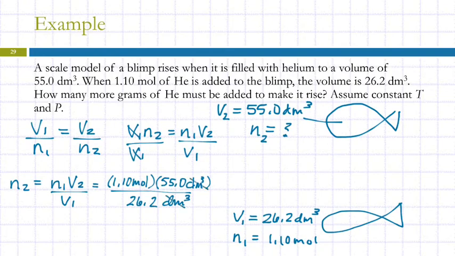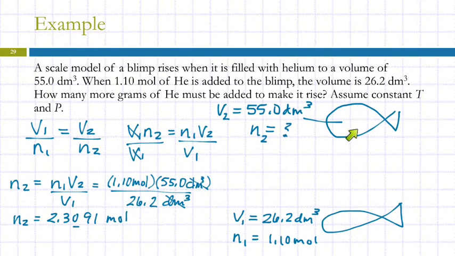Cancels out. 1.1 times 55 divided by 26.2. So N2 equals 2.3091 moles of helium. So yay, we calculated something. Is that the answer to the question? No.